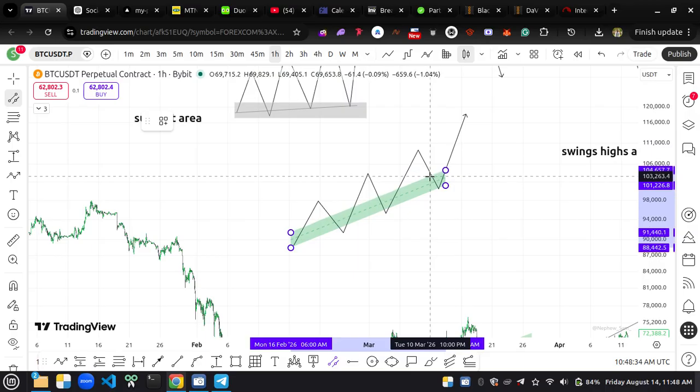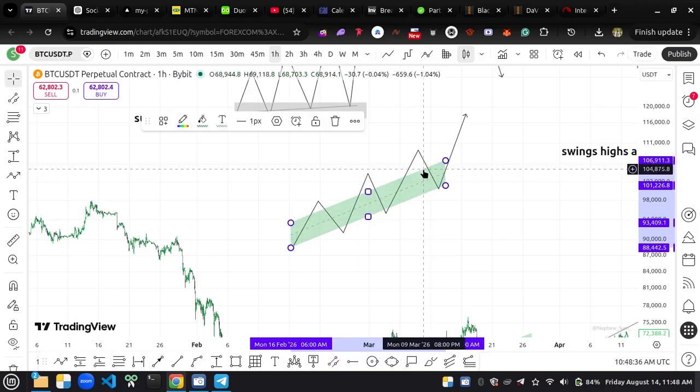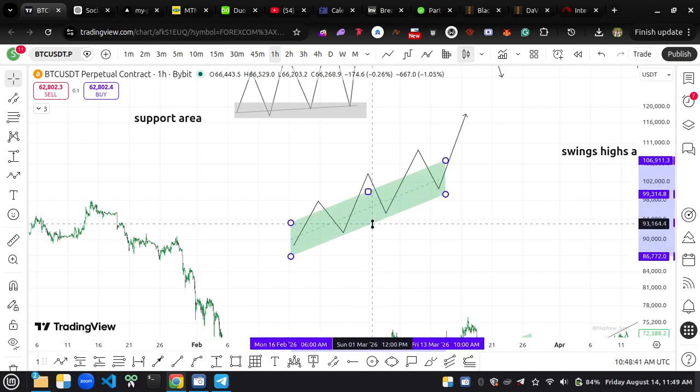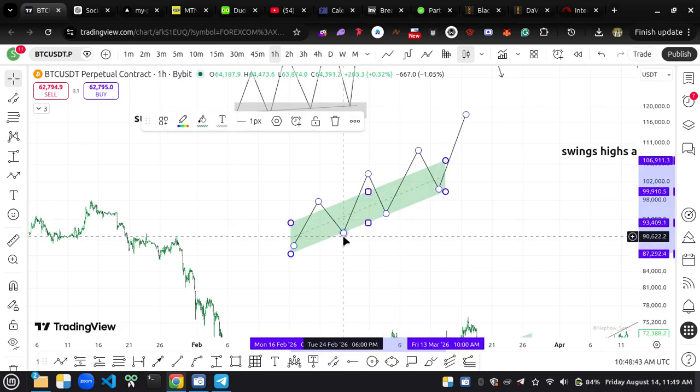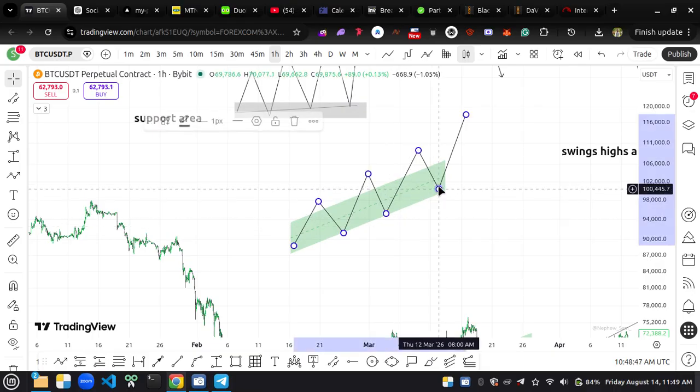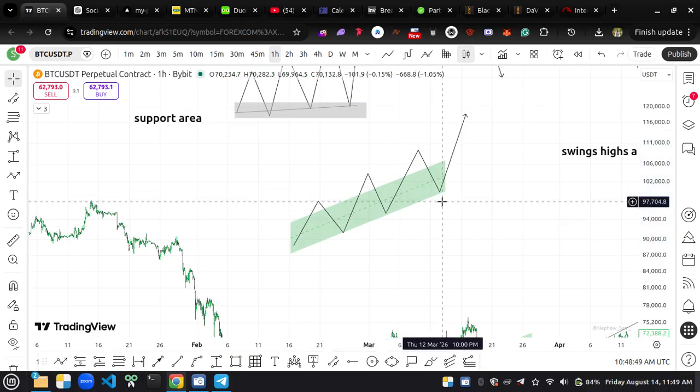So it could also be diagonal like this, where there's a particular point where price reacted from this point, then came back here, reacted from it again, came back here, reacted from it again. So it's done 3 times.